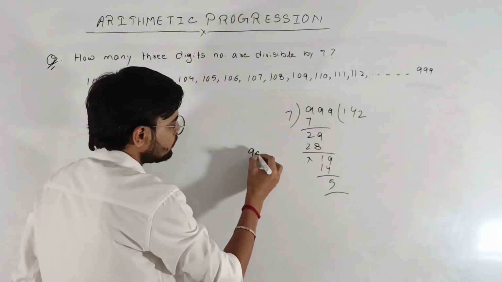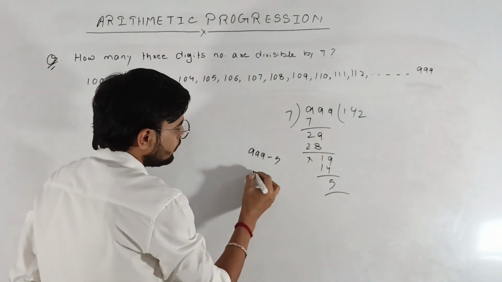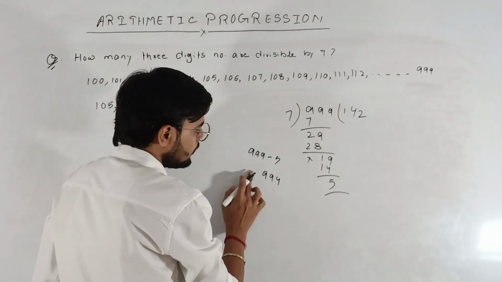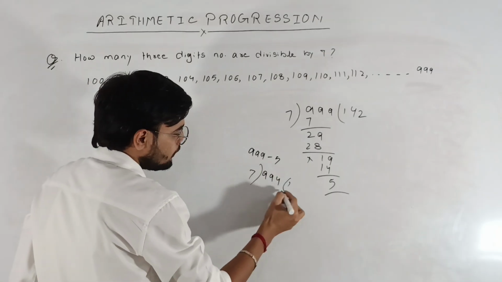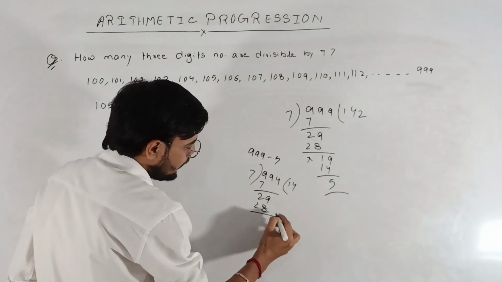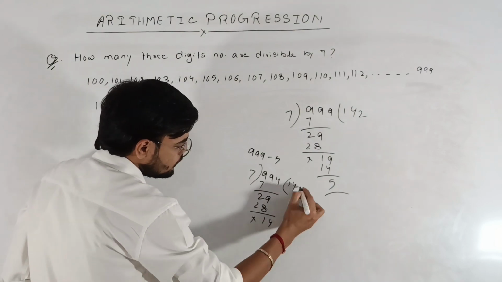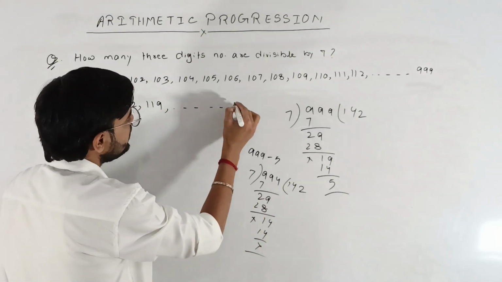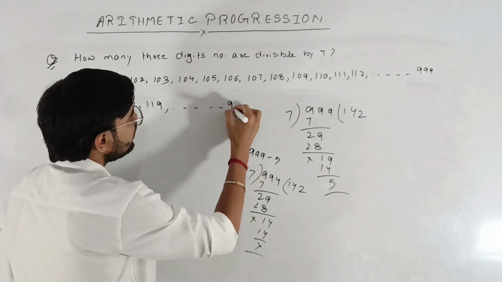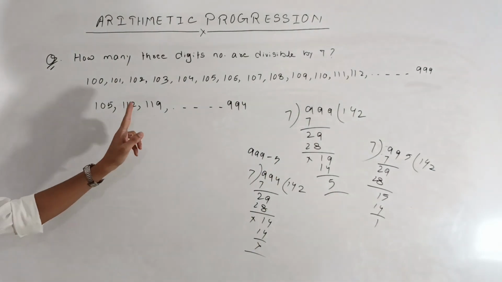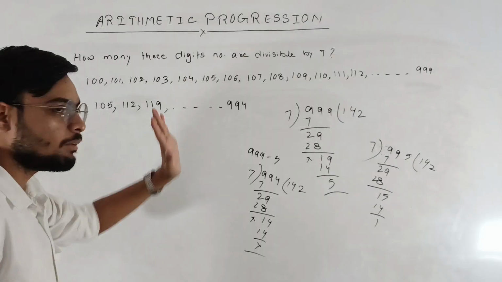So 999 minus 5 is 994. Now this is divisible by 7. Let's check it: 7 1 7, 29, 7 4 28, 14, 7 2 14. So the last number which is divisible by 7 is 994. So 105, 112, 119 and so on are divisible by 7.